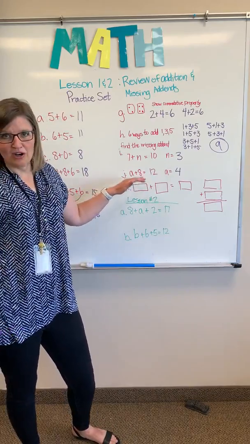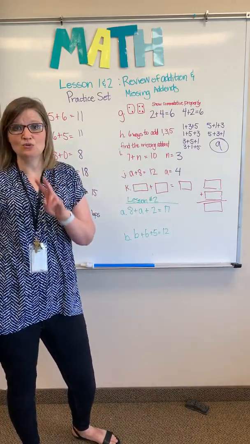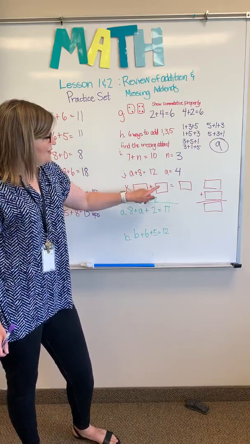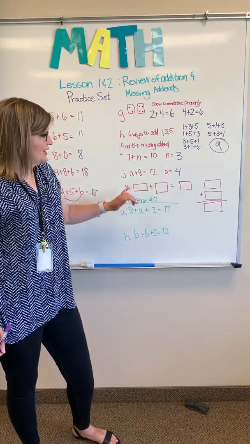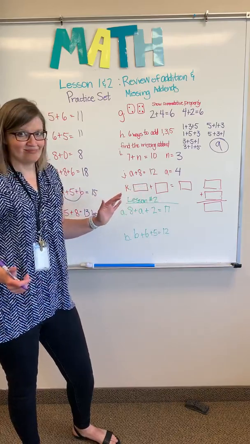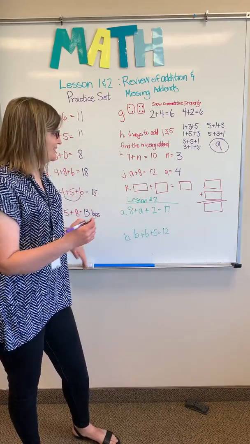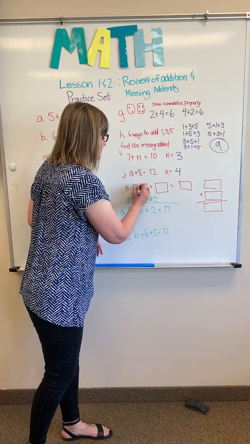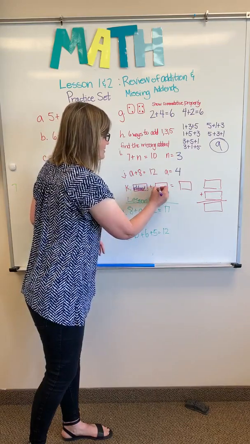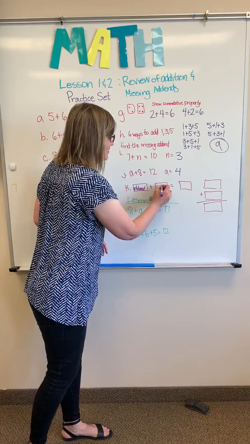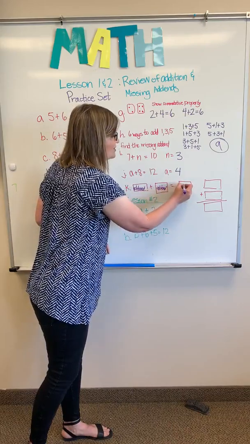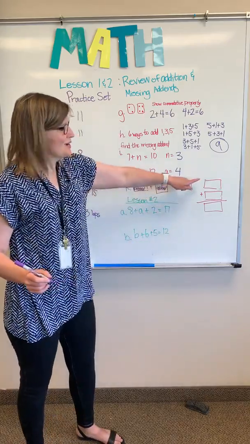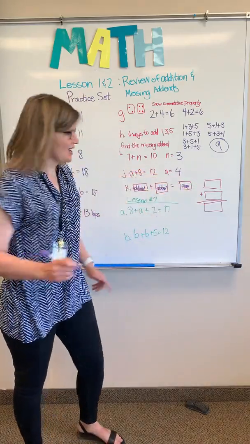Finally, the last part of the practice set for lesson 1, they want you to fill in the blanks, what these terms are. Now, what are these terms? We know that this is an addend plus an addend equals a sum. And once we know that we can go across, but we can also do it this way.